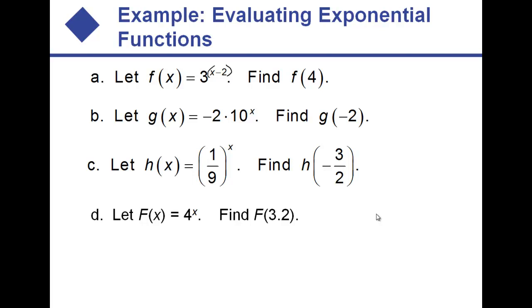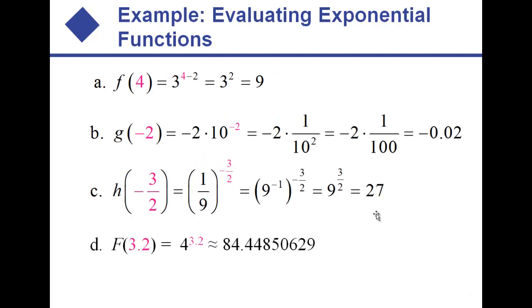If you're dealing with powers, you have to remind yourself of some of those rules of powers, right? When you raise something to the negative 3/2 power, as we did here in our third example, example C, that's the same thing as 1 over, right?